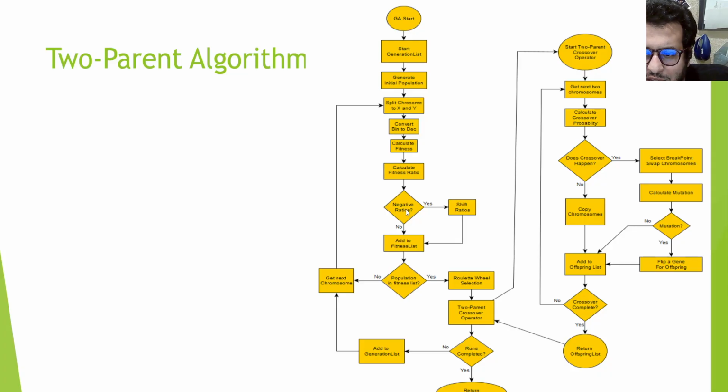Are any of them negative? If they are, we're going to shift everything so that nothing is going to be negative and nothing is going to be 0. We're going to add that to a fitness list. Now that list is going to basically ask, is the entire population in the fitness list?